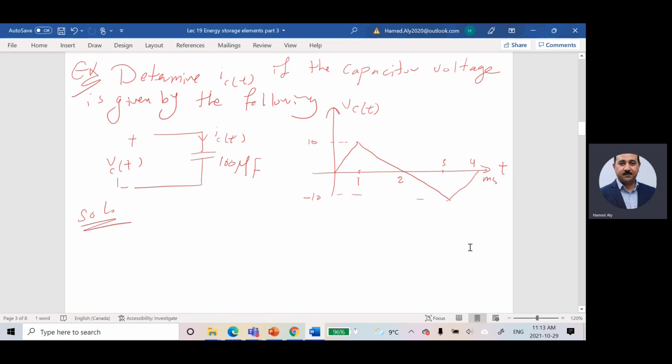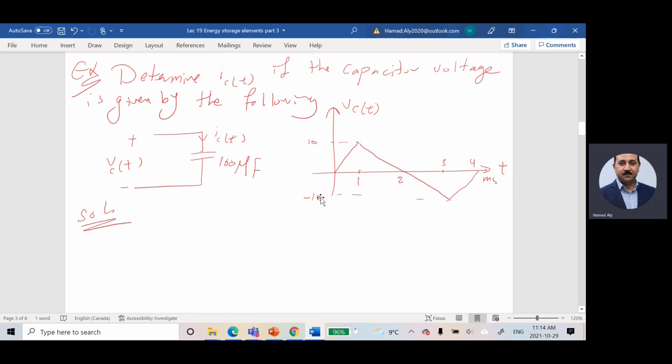Why? Because if you would like to find the current, you have first to define the voltage. But he gave me the voltage as different functions or different lines. So I have to find the equation of each line. I'm lucky because we are dealing with a straight line.